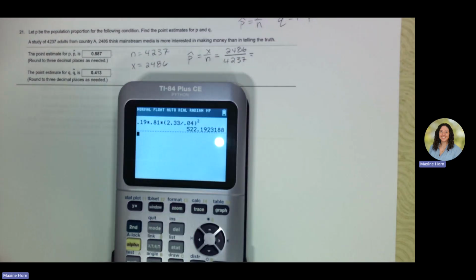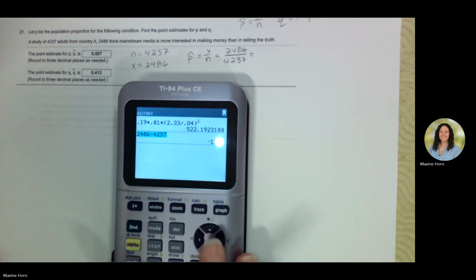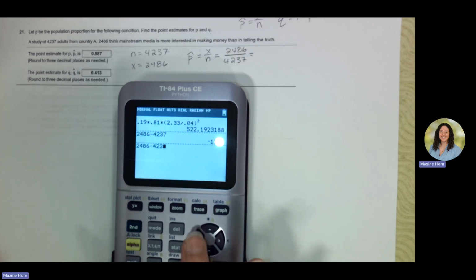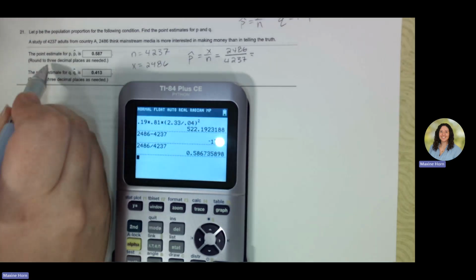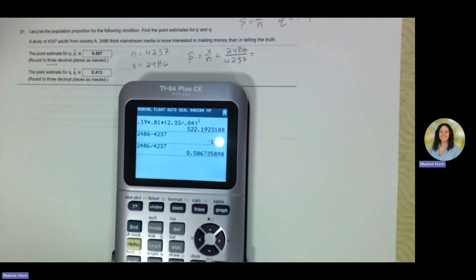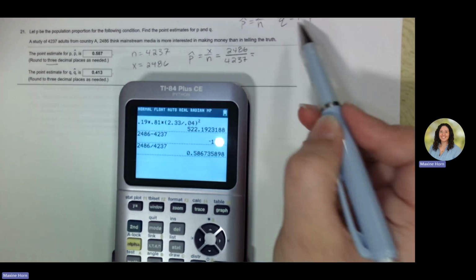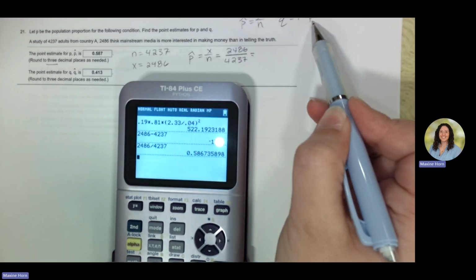Okay. We plug that into the calculator. And oops, I did subtraction instead of division. All right, so rounding to 3 decimal places, we get that number. Okay, now there's 2 different ways to find the q-hat. The easiest way is going to be just doing 1 minus that.